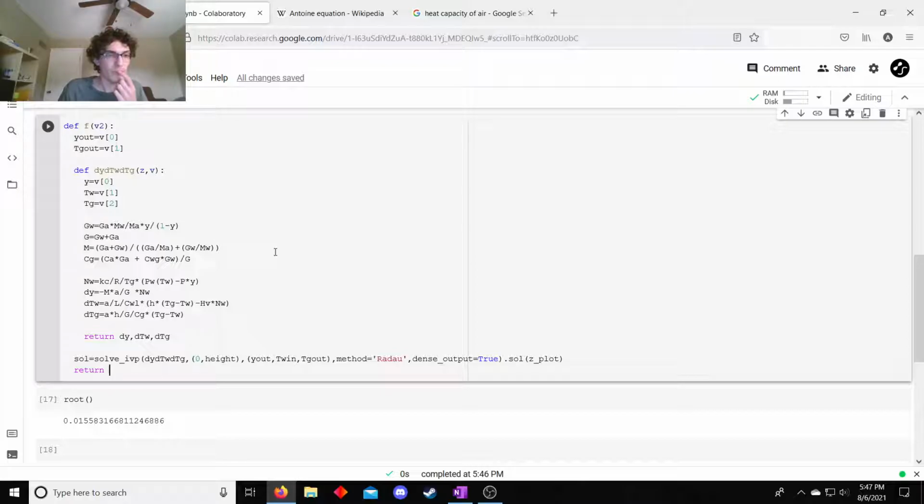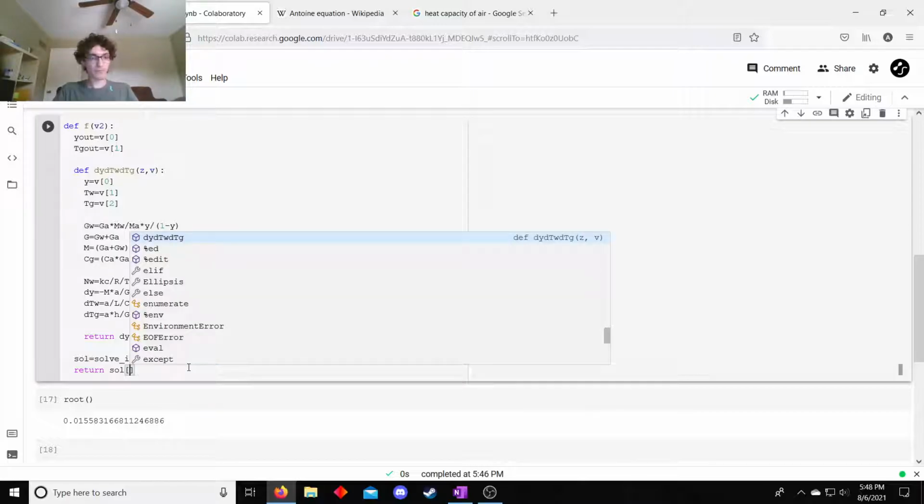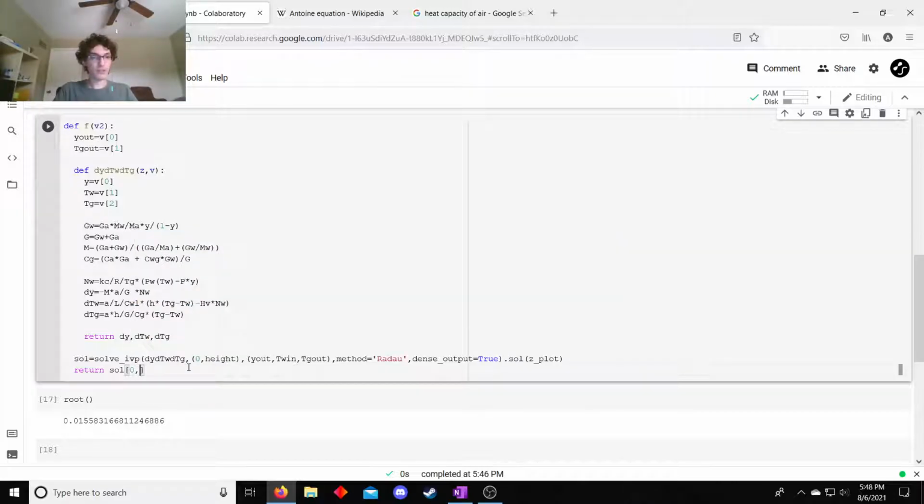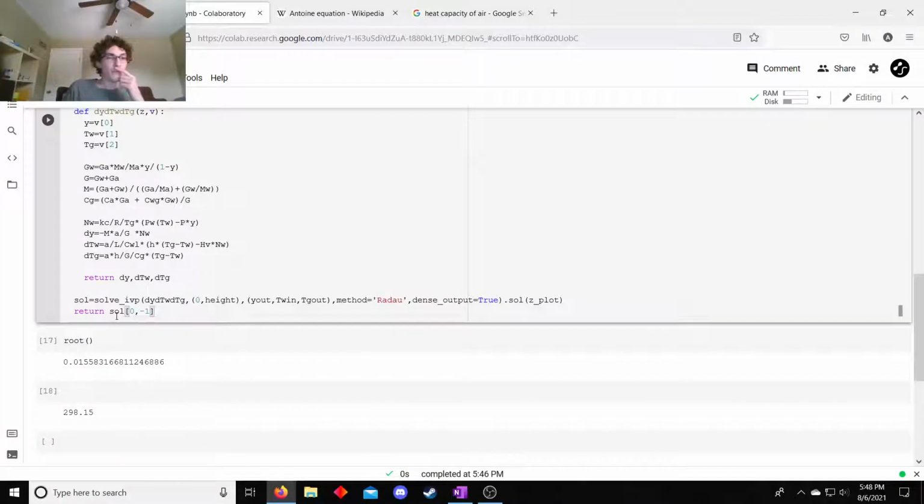So we want to return SOL, and then the first array in the group of arrays, and then this -1 specifies that it is the last value in that array. And we know that that should be equal to the mole fraction of the water in the gas phase that's going in.